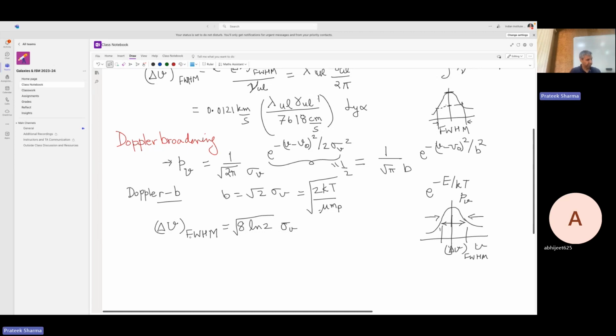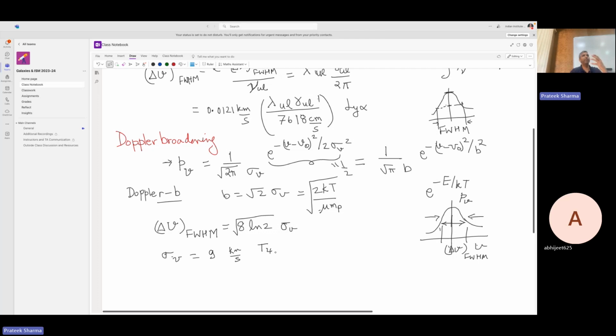Okay. Now, if you plug in the numbers for this, what do you get? I already mentioned, sigma v is nothing but square root of kT by m. Okay, so that's nothing but 9 kilometer per second times T4 by m in atomic mass units to the 1/2. Temperature T4 is in units of 10 to the 4 Kelvin.